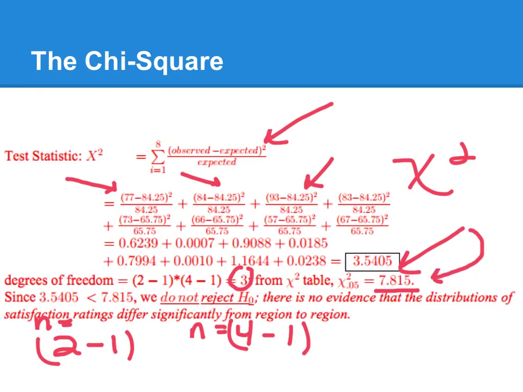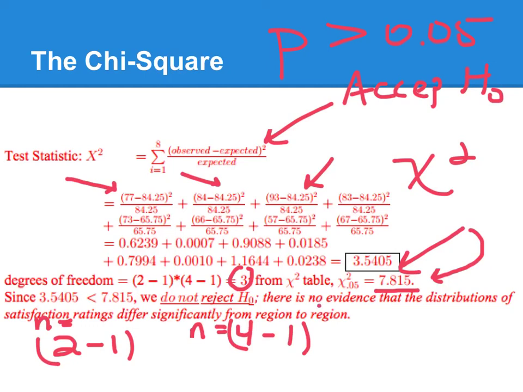Since our chi-square value is less than our critical value, that means that our p-value is greater than 0.05. Our p-value is not small enough. That is to say, we are not confident enough. Therefore, we do not reject the null hypothesis.